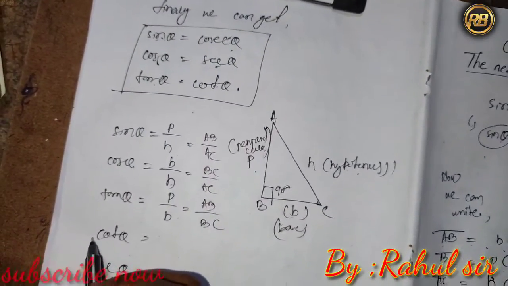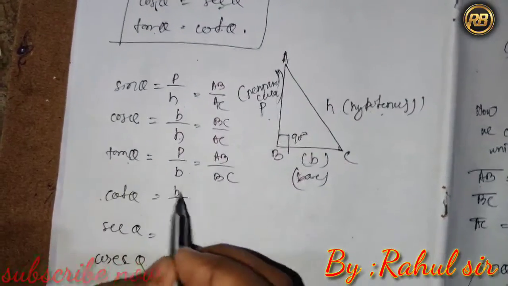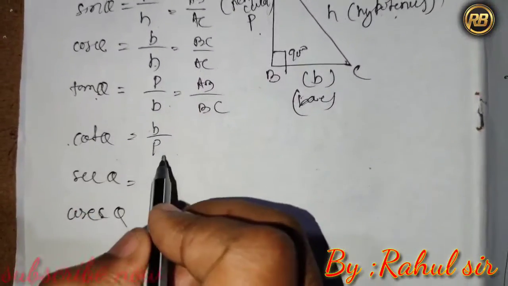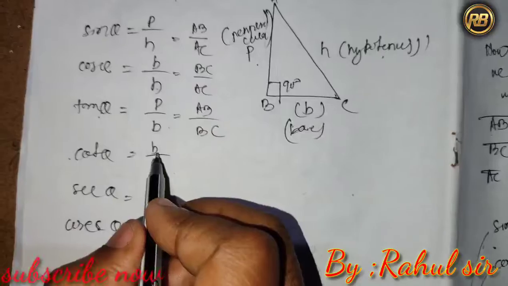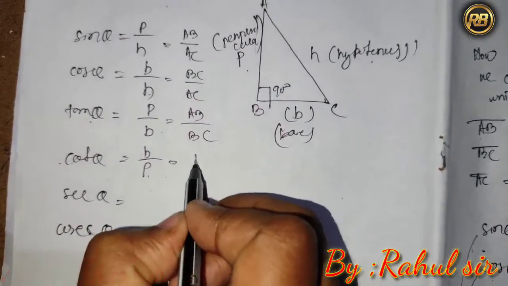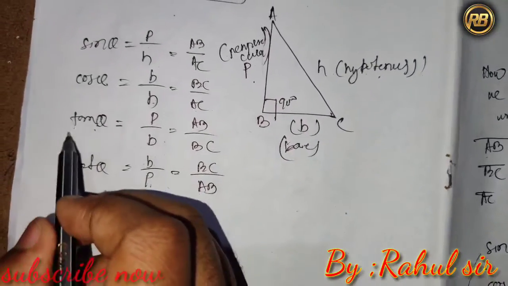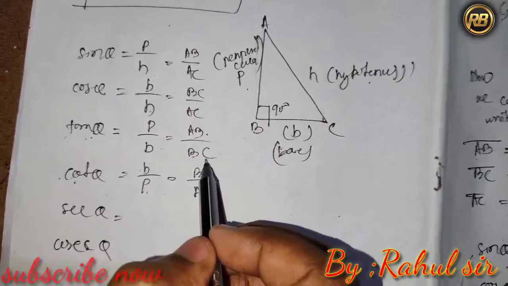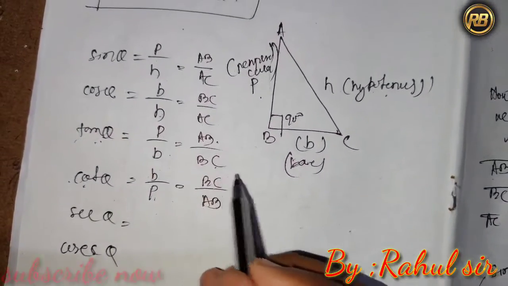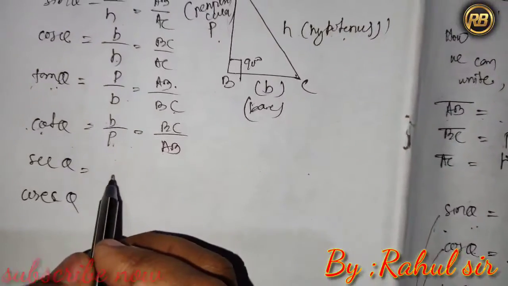Cot theta is the reciprocal of tan theta, that is B by P, the base divided by the perpendicular, BC by AB. Since tan theta equals AB by BC, cot theta equals BC by AB. It's a reciprocal. Okay, interrelations between cot theta and tan theta.